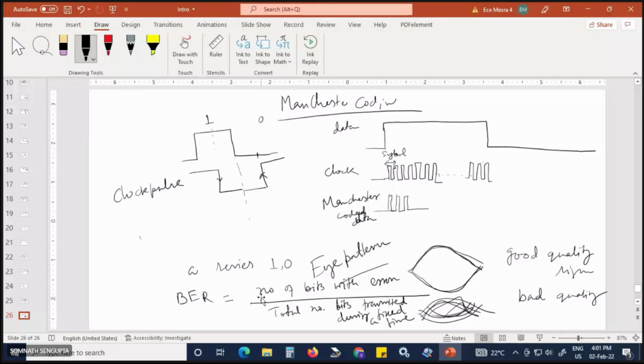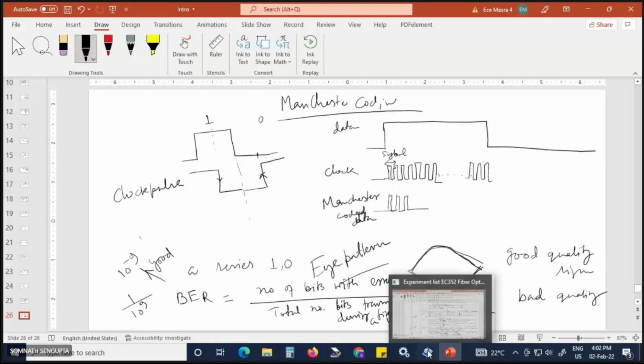That will tell you the bit error rate, and this is generally 1 by 10 to the power 9. If BER is 10 to the power minus 9, it is very good. One bit out of 10 to the power 9 bits is in error, so it is very good propagation or communication.